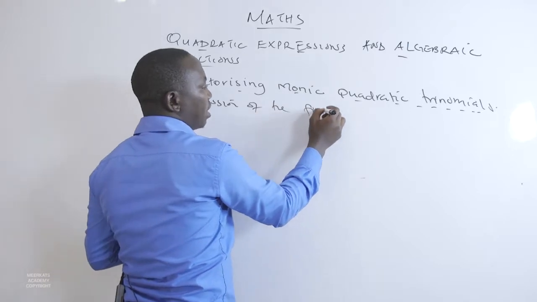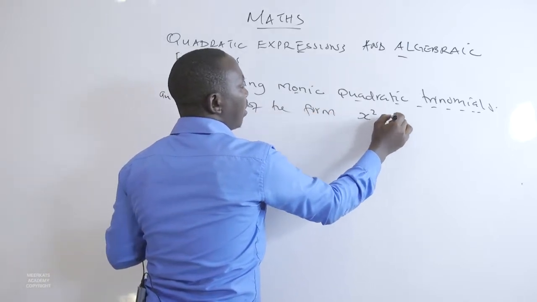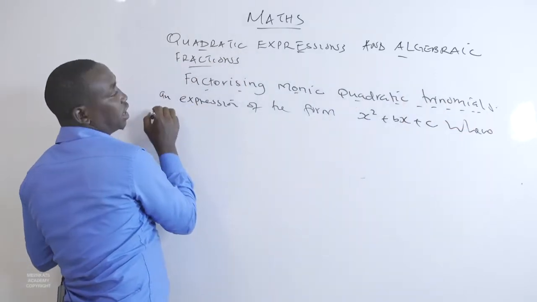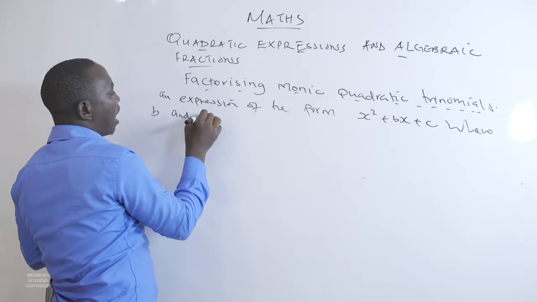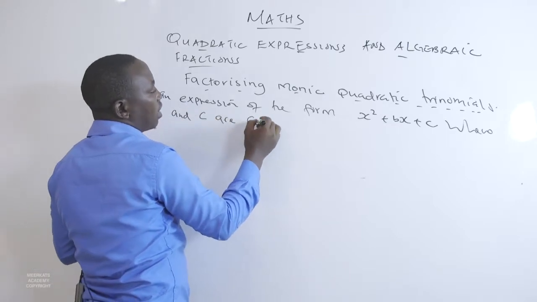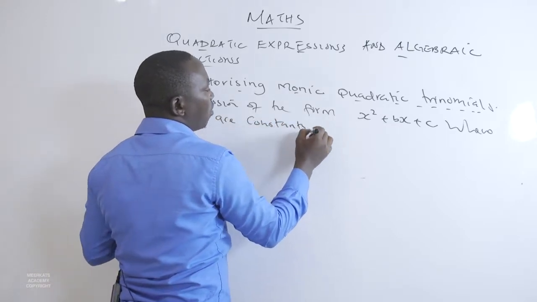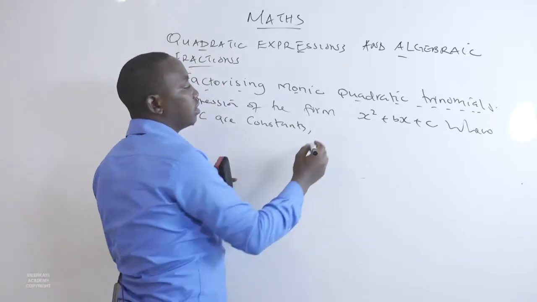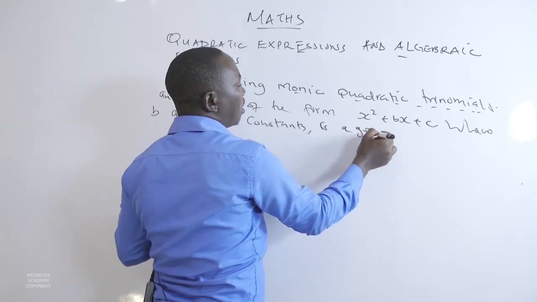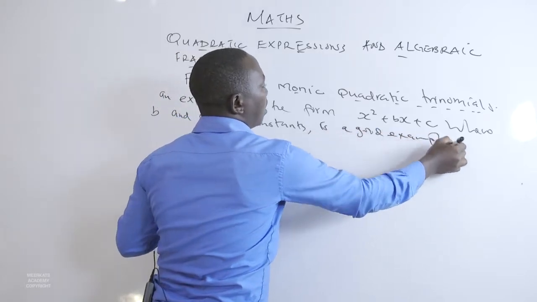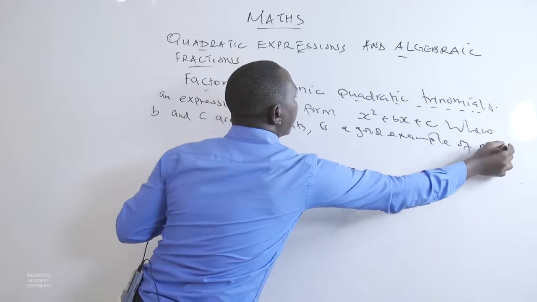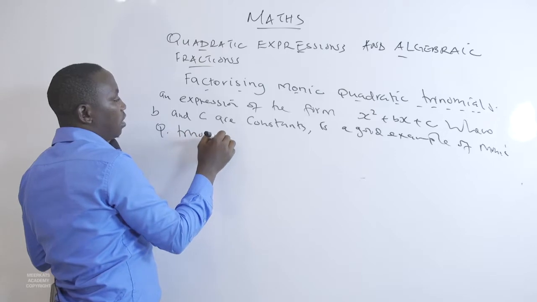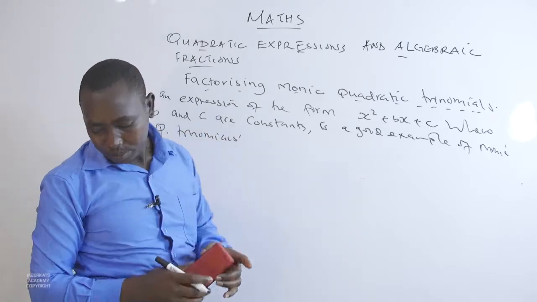So in this case, we are saying that an expression of the form x squared plus bx plus c, where b and c are constants, is a good example of monic quadratic trinomials.